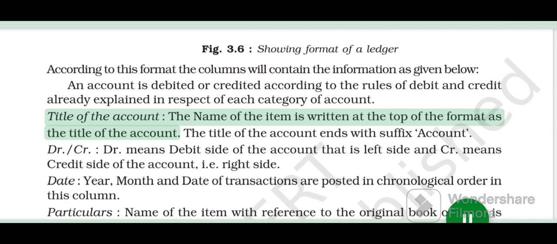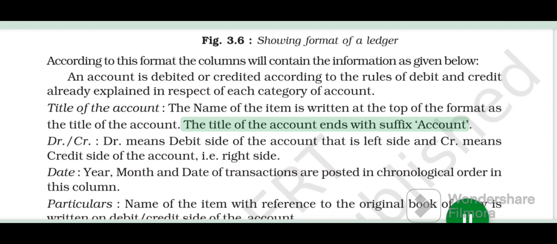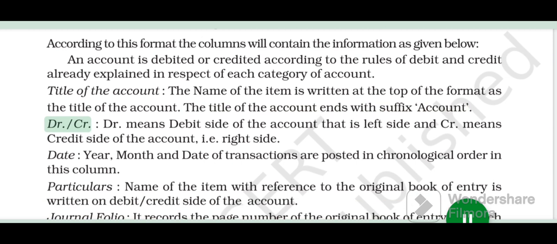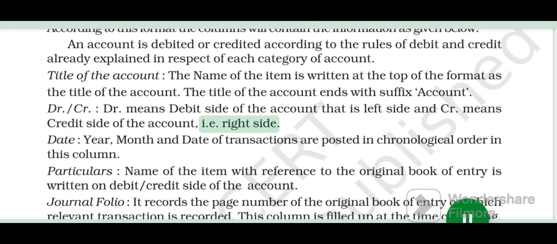Title of the account. The name of the item is written at the top of the format as the title of the account. The title of the account ends with the suffix account. Dr. and Cr.: Dr. means debit side of the account, that is left side, and Cr. means credit side of the account, i.e. right side.